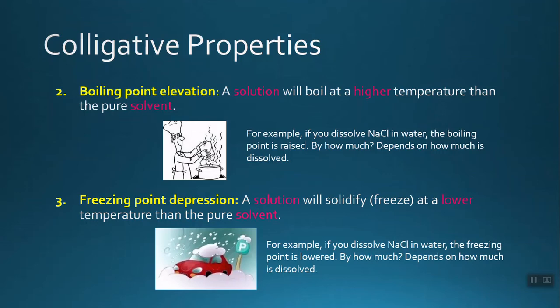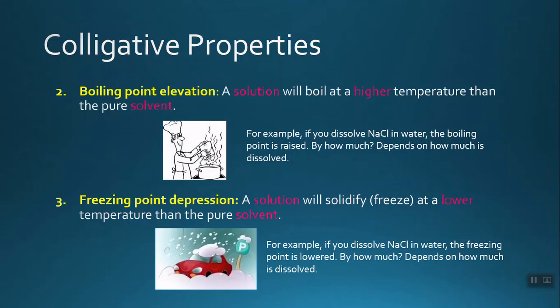So the example I like to use with this is, why do we add salt to the roads? A lot of people will say, and if we were in class, you would have said, because it helps melt the ice, or it helps melt the snow. And you would be incorrect. And this is why.